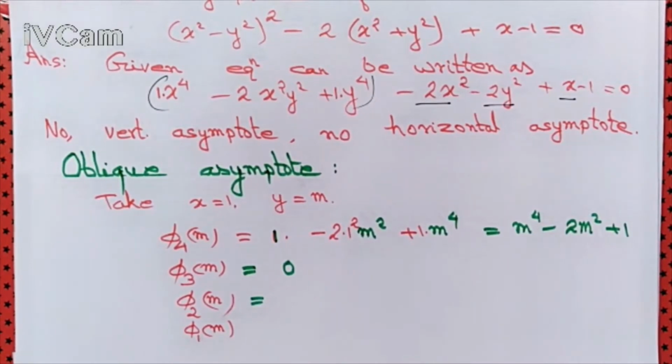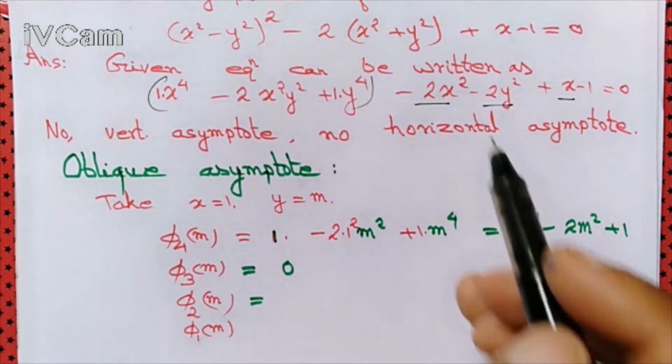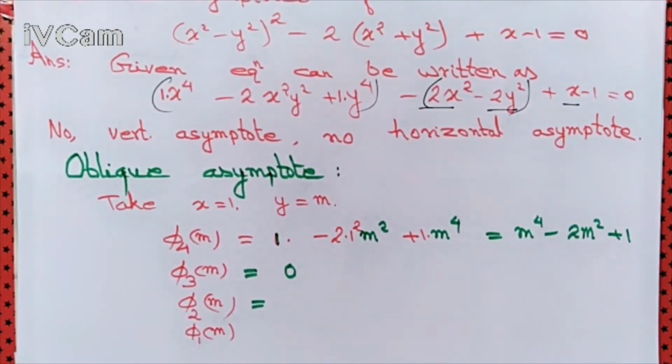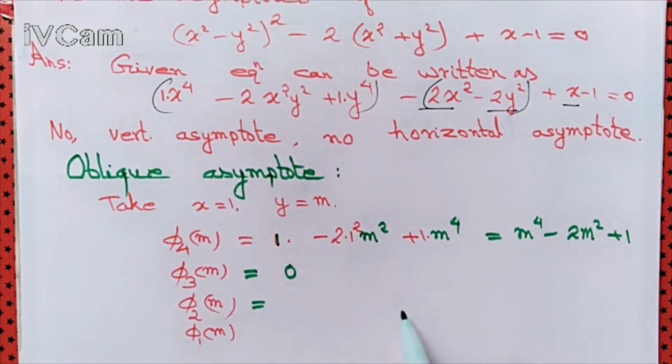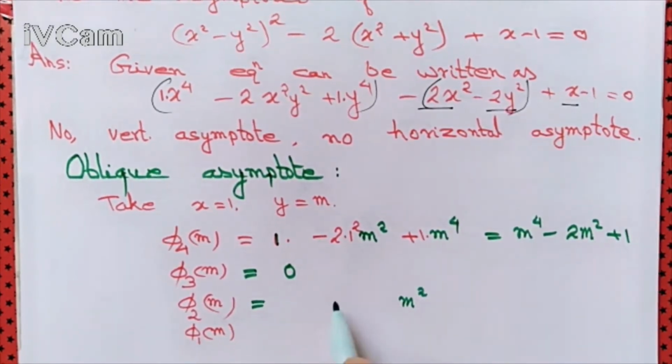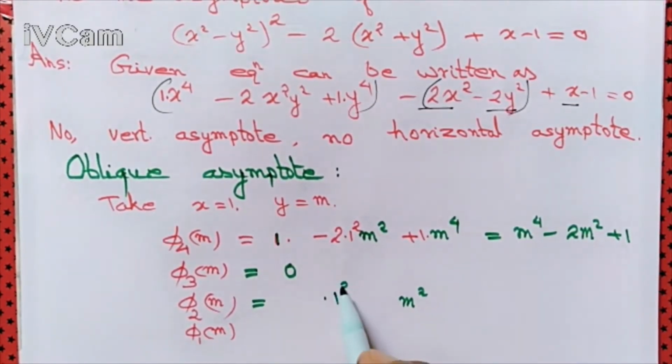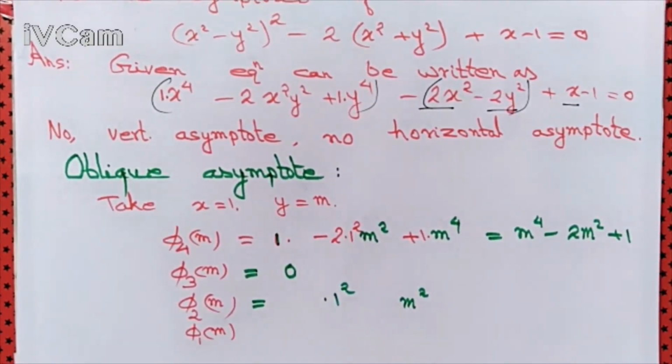Phi 2(m), let's write x equal to 1 and y equal to m in each term of degree 2. Rest of the quantity as it is.